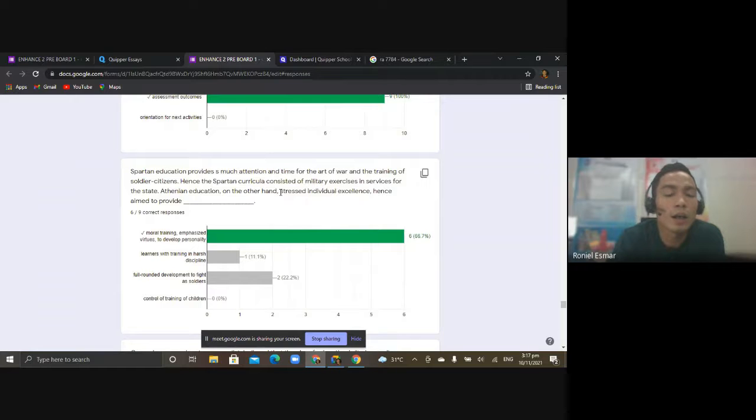Take note, it stresses individual excellence. Now, what are the factors involved in achieving individual excellence? They should have moral training. They should be corrected on acting appropriately. They should be taught about the things that are morally right and wrong. And since it's on individual excellence, they should also be taught about virtues, about honor and respect. And next is to develop personality. So those are the correct answer.